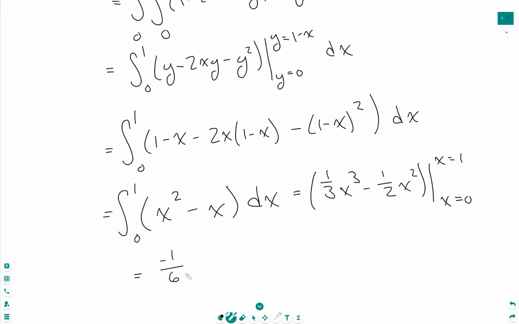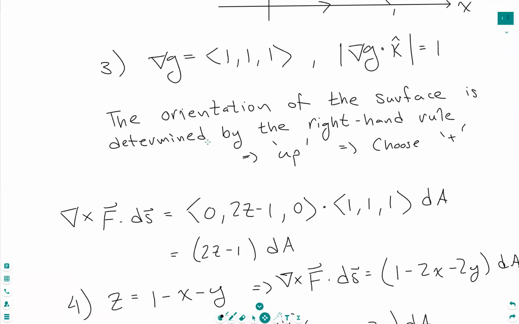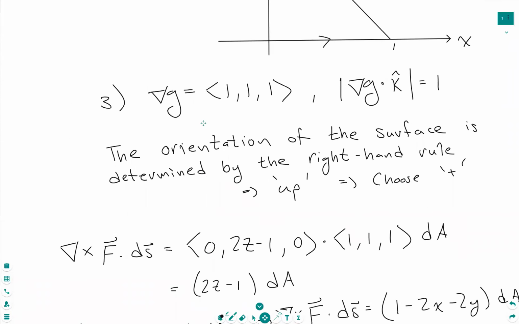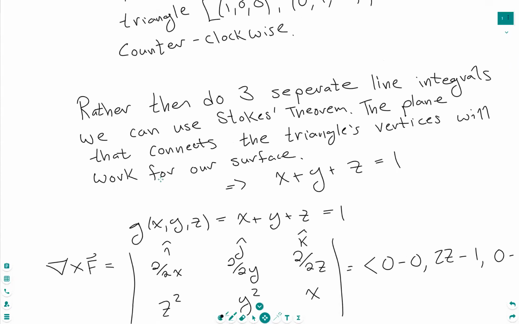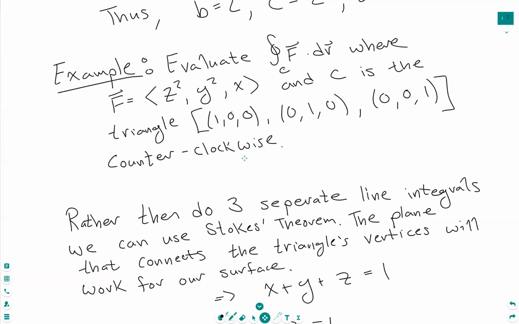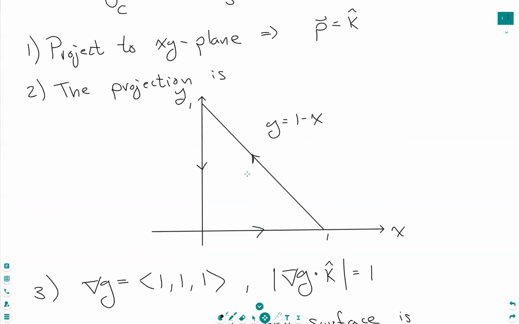Okay, so I do have some questions coming in. Can you explain what you use the right-hand rule on? So the right-hand rule determines which direction the normal needs to be pointing in given an orientation, or vice versa. Our problem statement said that the orientation for C was counterclockwise, right?